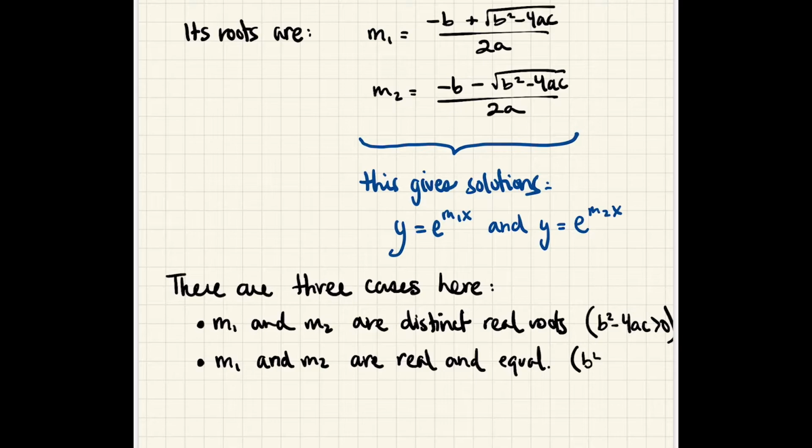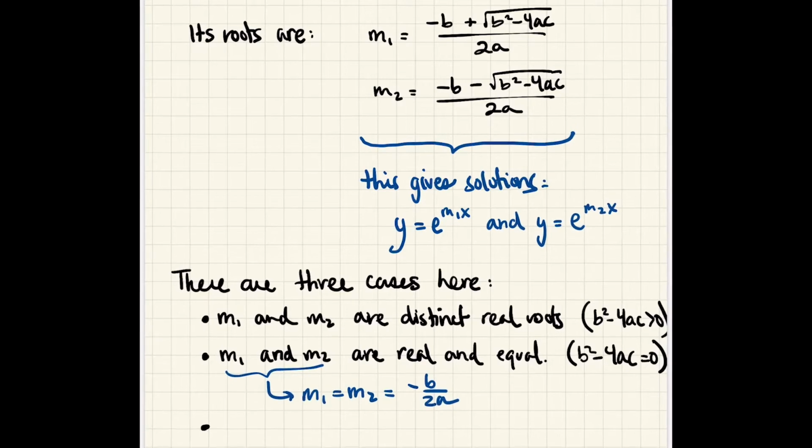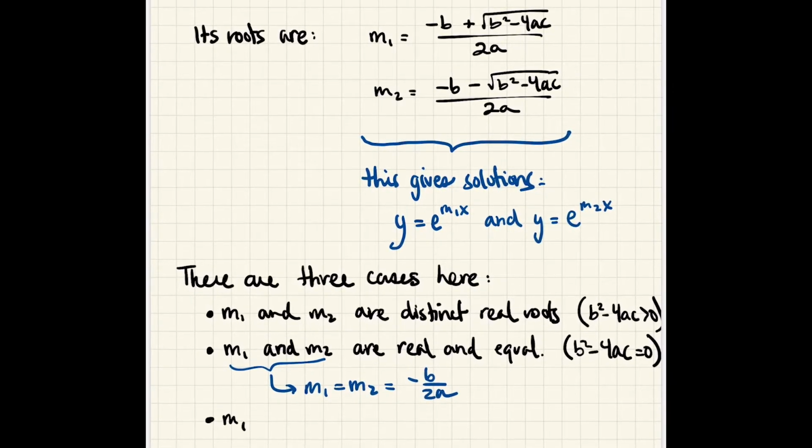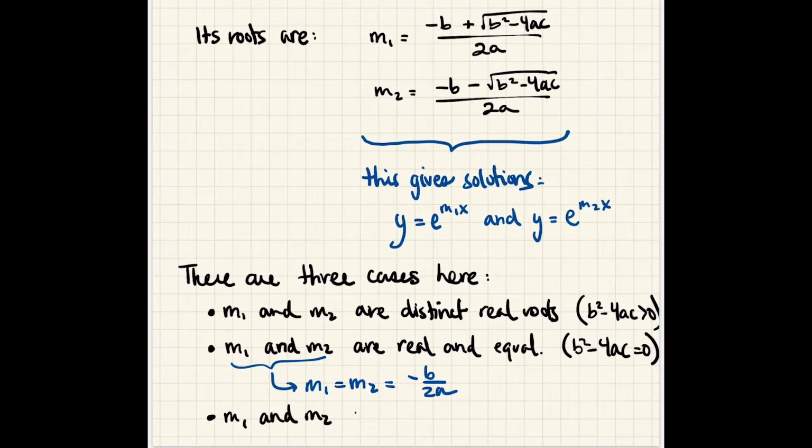And this case arises when the discriminant b squared minus 4ac is equal to 0, meaning that whole square root is just 0. So you have negative b over 2a in both cases. And the third case is m1 and m2 are complex conjugates.